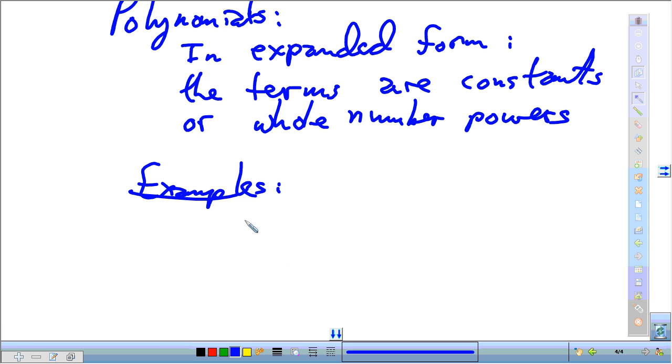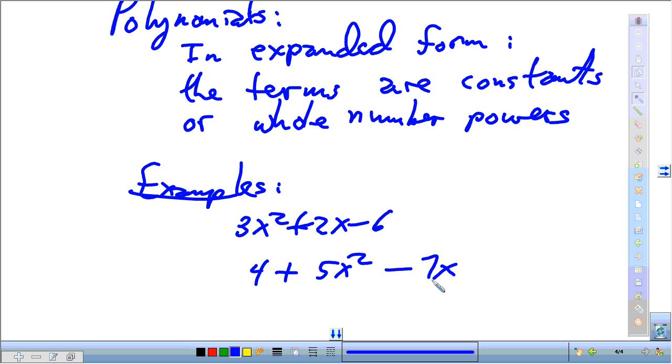So a few examples, 3x squared plus 2x minus 6, for instance, or 4 plus 5x cubed minus 7x. So polynomials, we have constant terms, which is the minus 6, and then everything else is a power, like 3x squared, but the exponent is a whole number.